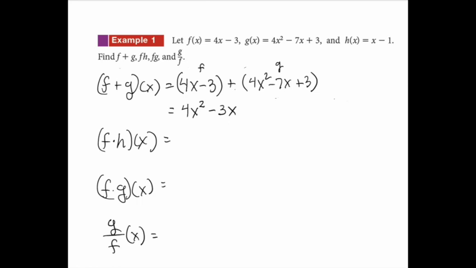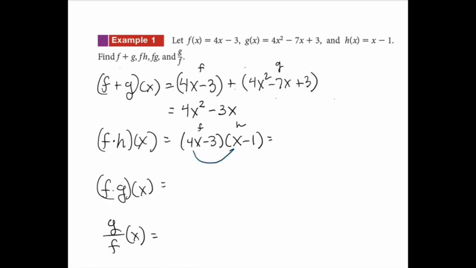Now for f times h, we're going to take f of x, which is 4x minus 3. This is our f. And we're going to multiply that by h, which is given as x minus 1. So here we're going to use the distributive property twice because we have two binomials that we're multiplying.